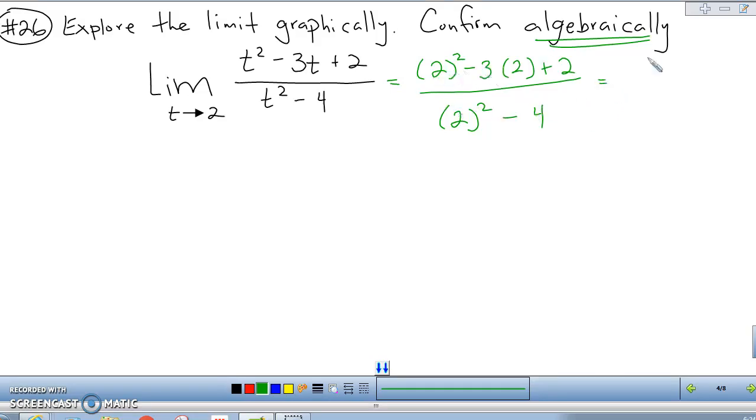That's 4 minus 6, negative 2, plus 2, which is 0 over 0. Once again, we call this indeterminate form. That means we can do some kind of algebra to simplify this.